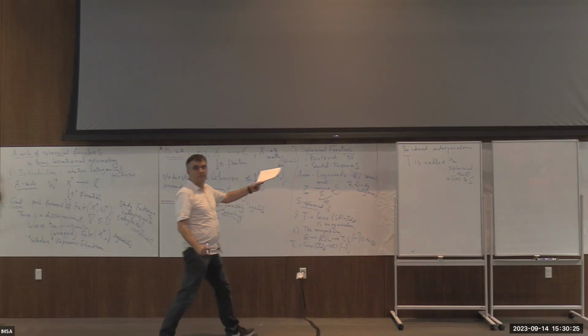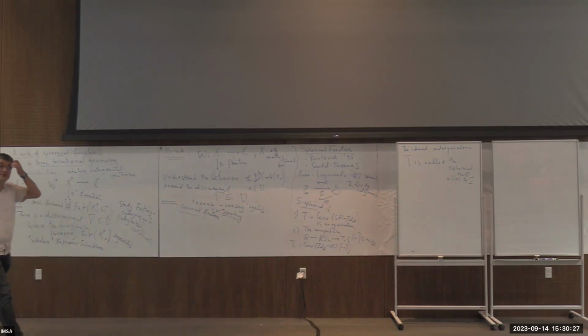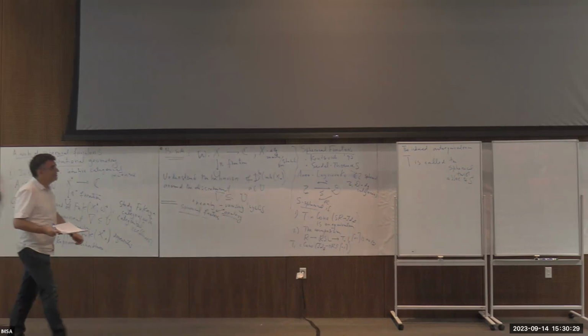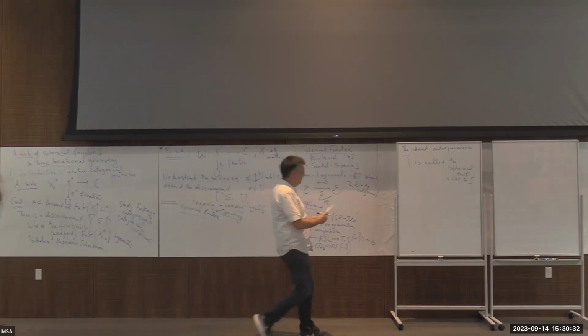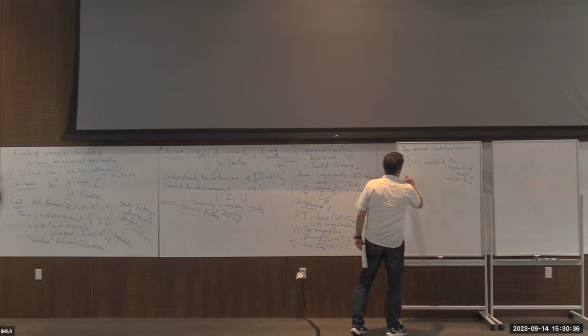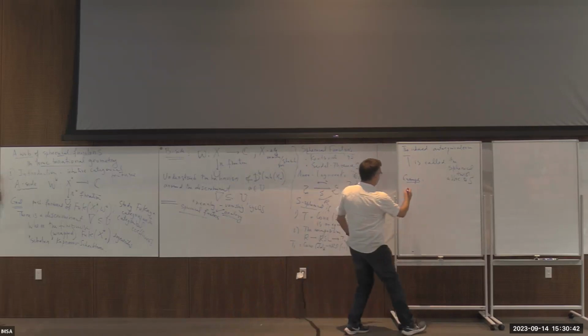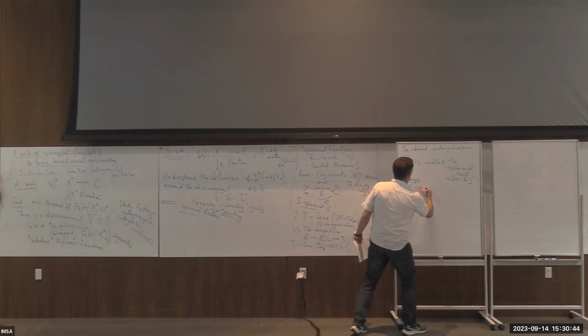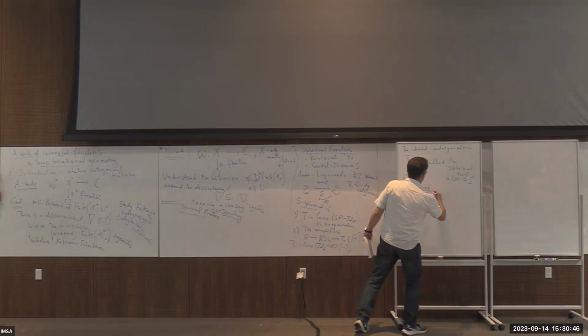Let me say, there might be someone here who doesn't know where this name comes from. So the example is, let's say X a projective Calabi-Yau.